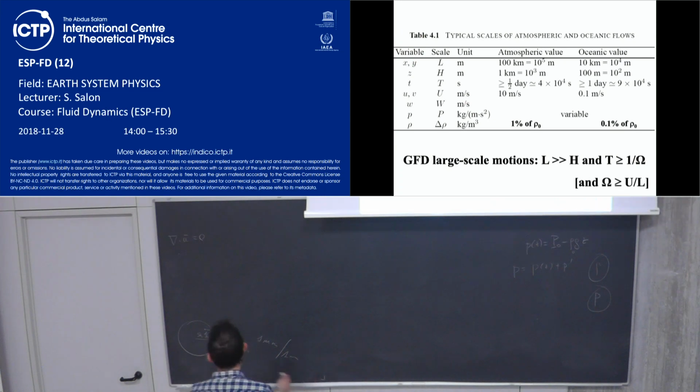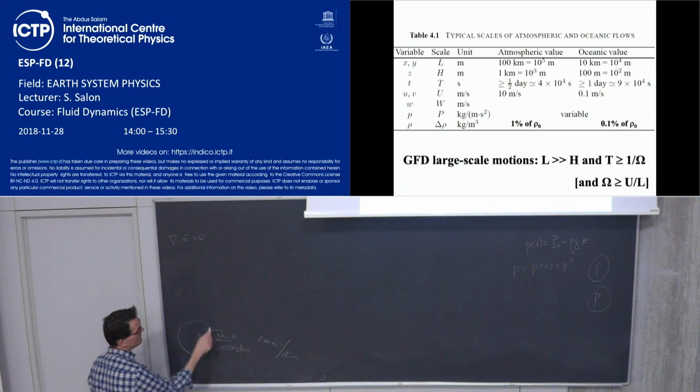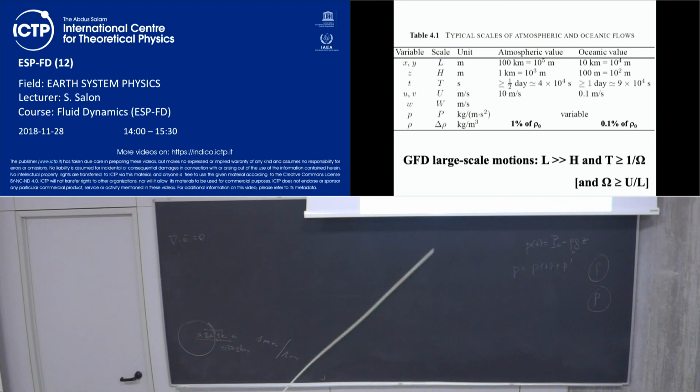Okay? So that's why if we want to understand how the motions are occurring, it's quite good to consider this approximation. So with these numbers and with this new simplification, we can further have some ideas from our equation.